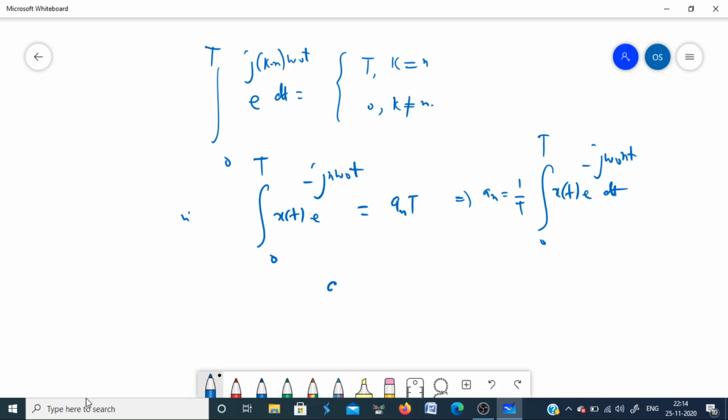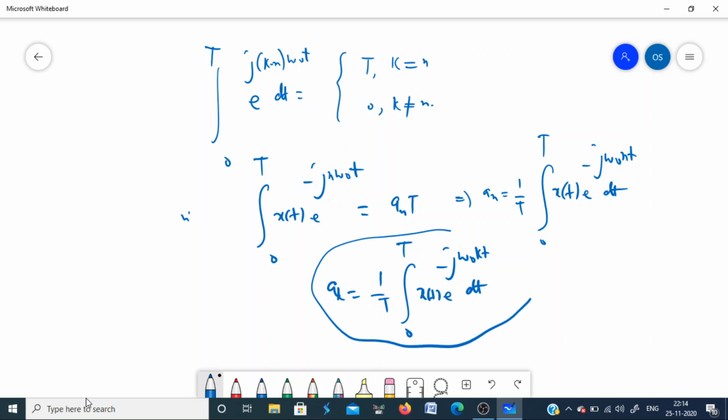Or you can write it in terms of k also: ak is 1 by T integration from 0 to T of x(t) e raised to power minus j omega naught k t dt. So this gives the equation to find the Fourier series coefficient ak from x(t).